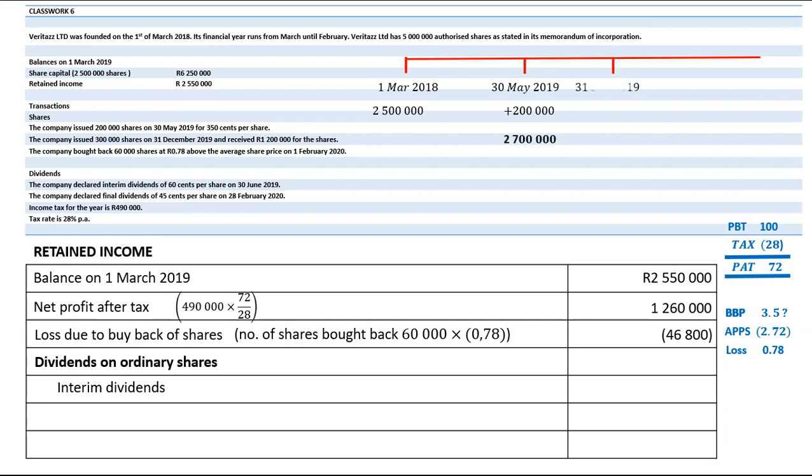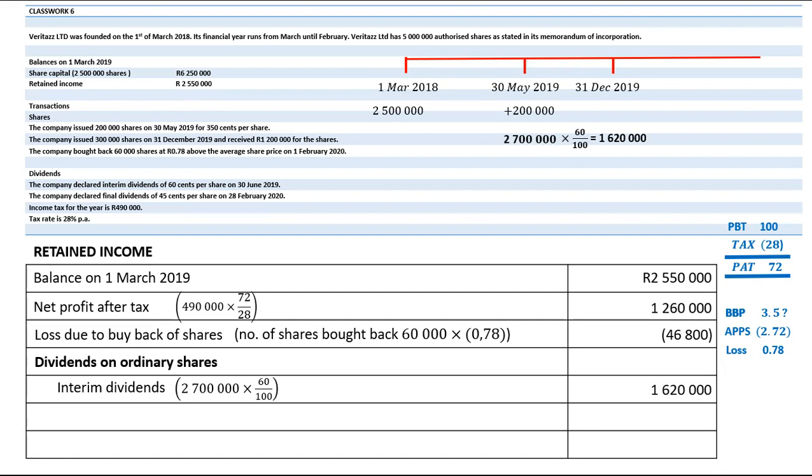And that's what you will multiply by 60 cents because that's what we had in issue by the 30th of June. Okay. And the 30th of June comes immediately after May. So that's why I only took that 2.7. In December, please note that on the 31st, okay, let me just continue with what I'm doing here. So my interim dividends will be 1,620,000.